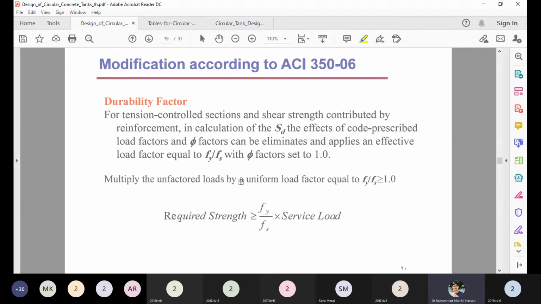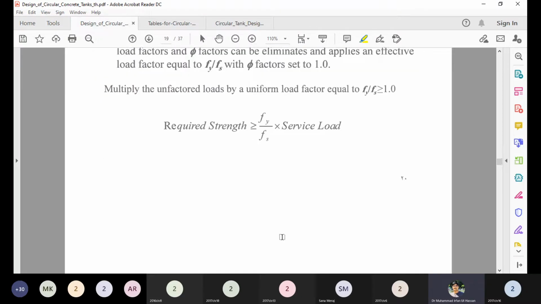So the unfactored load is also required; strength should be larger than the service strength by durability factor ratio, that is Fy over Fs, which is larger than 1.